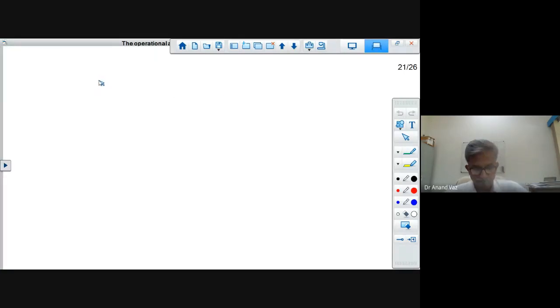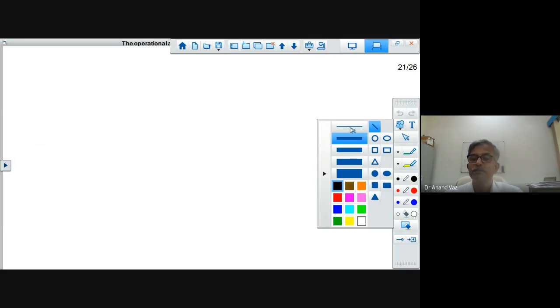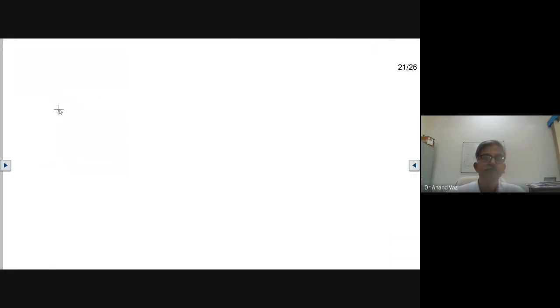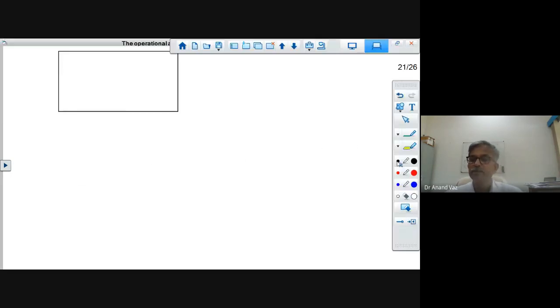Now, if we consider a signal, let us take a window, and in this window we will take a signal. So let's say we have a window like this, and the x-axis represents your time scale.